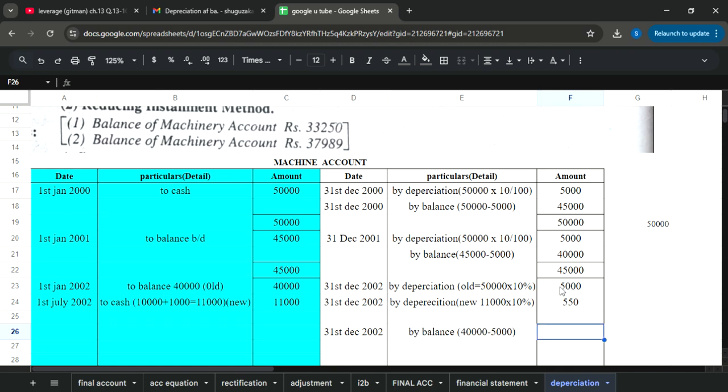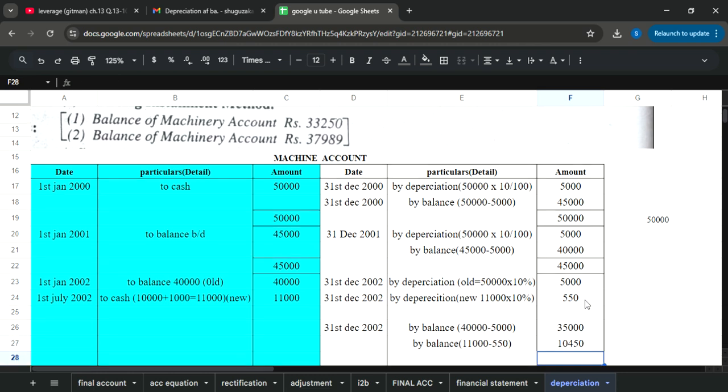Old asset was worth 40,000 minus its depreciation 5,000, so we have got 35,000. Next, balance for new asset: value of asset was 11,000 and you will subtract its depreciation 550. In this way the second asset balance is also calculated.